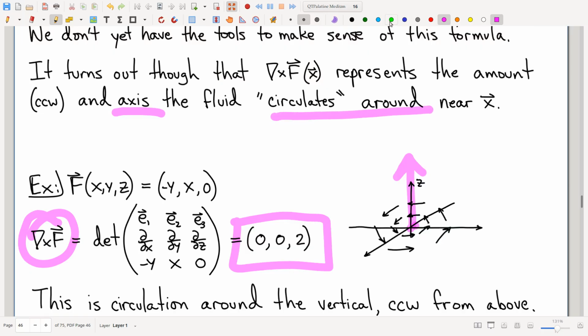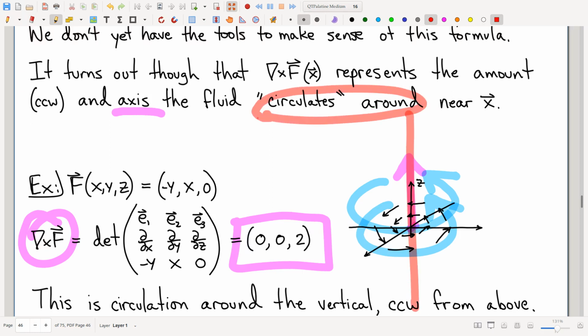If you think about it, our fluid is rotating around the z-axis. And the curl is pointing in that direction. It's pointing in the direction that the z-axis points. So curl is literally telling you what axis the rotation is happening around.